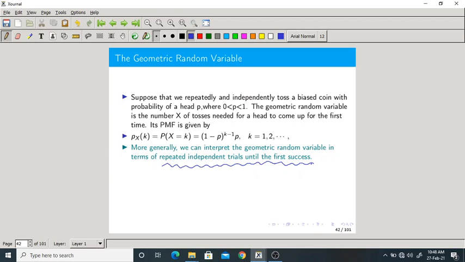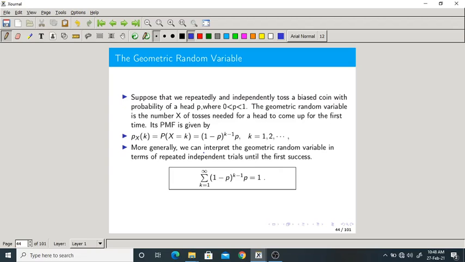So don't think that always you get problems only in terms of tossing a coin or rolling a die. No. You try to understand the interpretation of the random variables. When we use these kinds of random variables, it means we are doing the experiment repeatedly and independently, and asking how many such trials are required until you get the first success. Okay, so you try to understand the scenario. Clear?